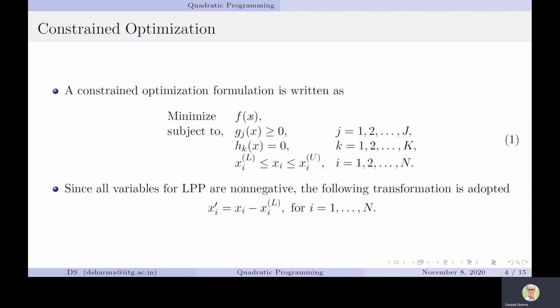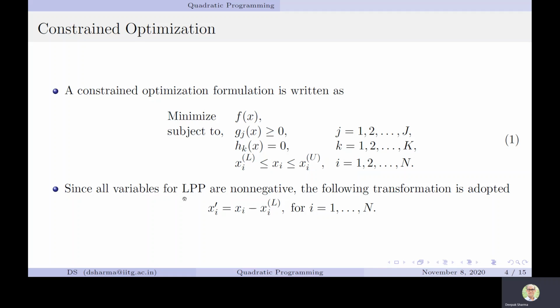Suppose the constraint problem is given in the format of the function f(x), inequality constraints, equality constraints, and variable bounds. As we remember, when we make the KKT conditions in that case and after that solve using the simplex method, the resulting LPP requires all variables to be non-negative, meaning that x should be greater than or equal to 0.